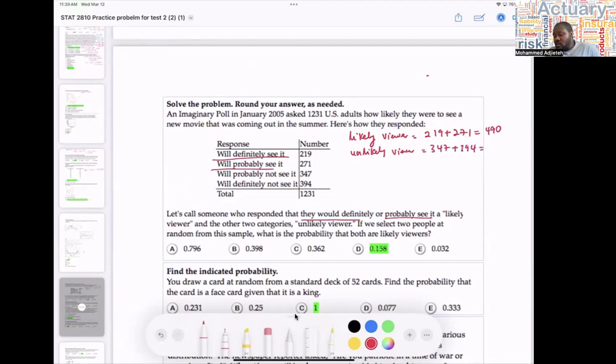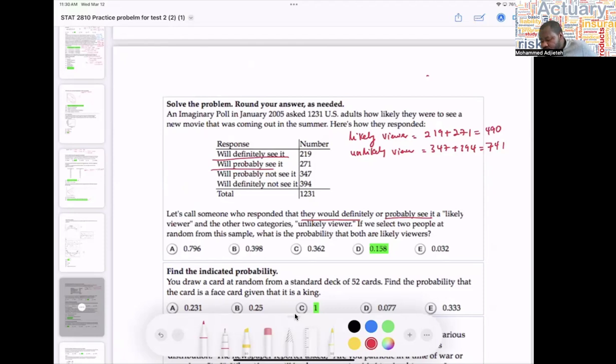Let's do that on our calculators. 347 plus 394. It's 741 instead. So this is 741.